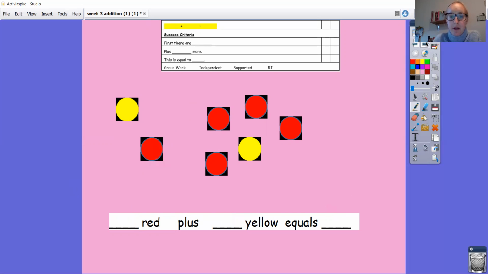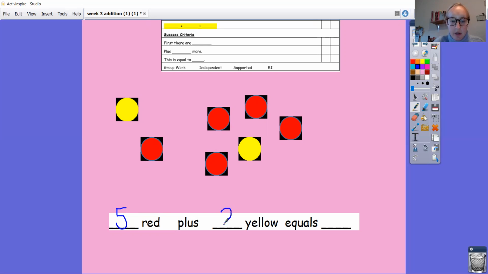Well done. So I've got a different amount here and I want to do exactly the same, just following those simple steps. So let's check first how many red counters there are. So we've got 1, 2, 3, 4, 5 red. So first we have got 5 red plus how many yellow counters? Can you count them? 2.